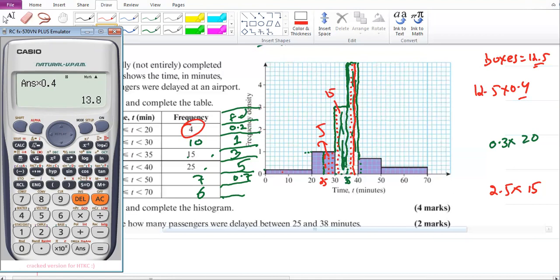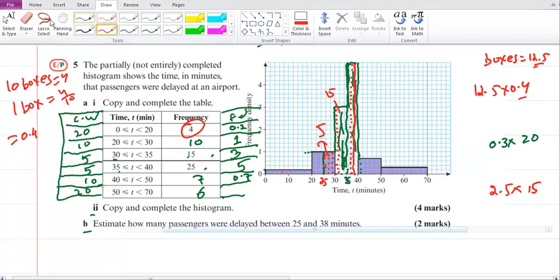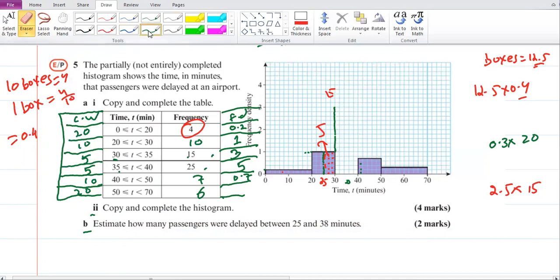Now the number of people must be a round number. I calculated it, which means somewhere I made a mistake. Okay, let's calculate again. I calculated the number of boxes in a wrong way. Can I just erase this for a while and make it clearer? So it will become easy for me to calculate the number of boxes. First I know that from 30 to 35 the frequency density was 3.